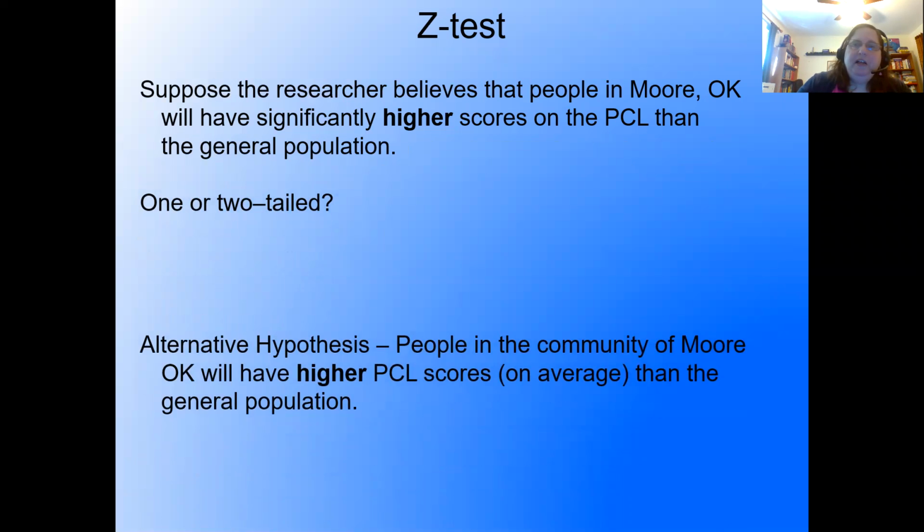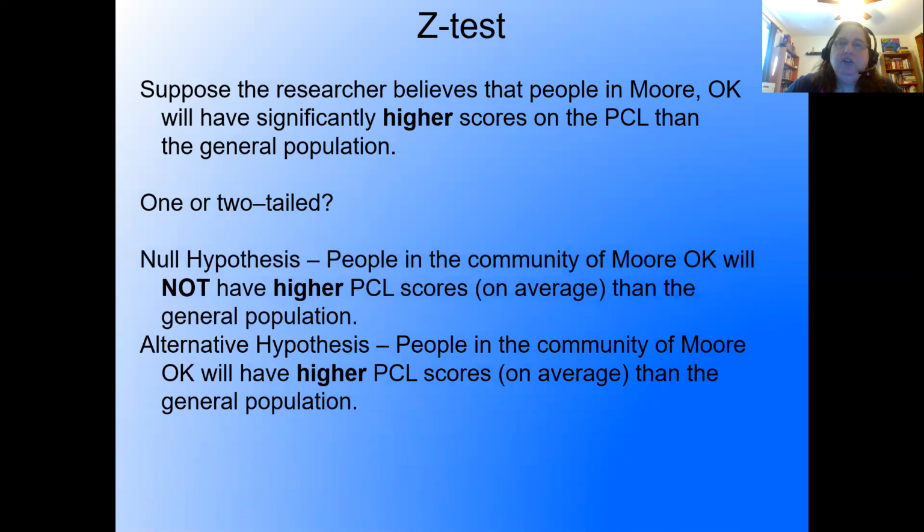Now, our alternative hypothesis is pretty much the same. People in the community of Moore, Oklahoma will have higher PCL scores on average than the general population. All I did really is exchange different for higher. And the null, people in the community of Moore, Oklahoma will not have higher PCL scores on average than the general population. So I copied the null from the alternative and just added the word not.